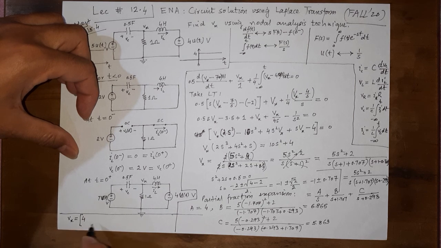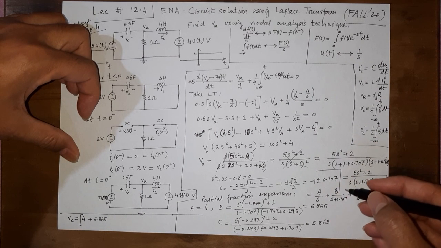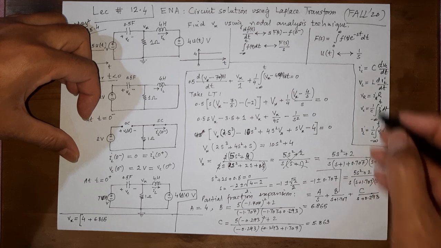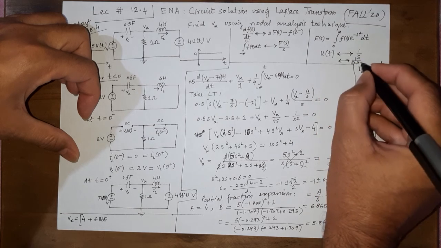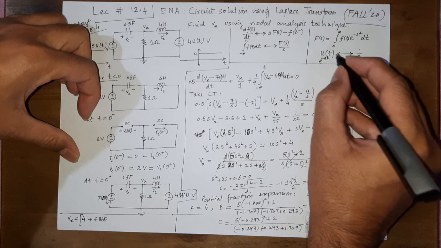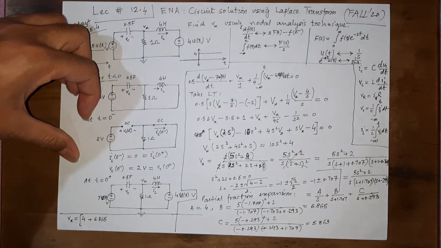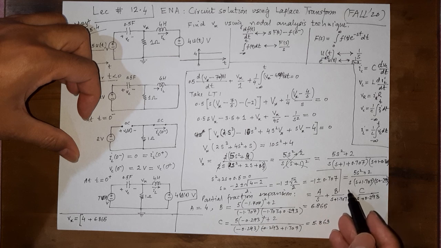So basically we are going to write that u(t) with all the terms at the end, and this b would be plus 6.865, and again in the transform table you can see 1 over s plus a is the Laplace transform of e raised to the power minus at u(t). So b over s plus something would be Laplace transform of b e raised power minus 1.707t.